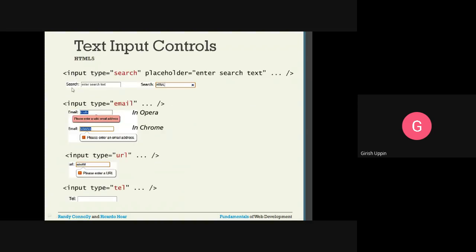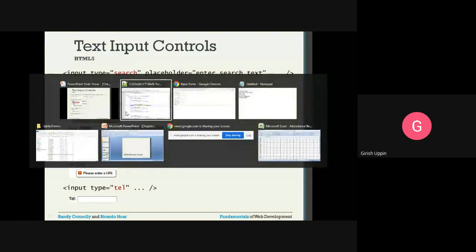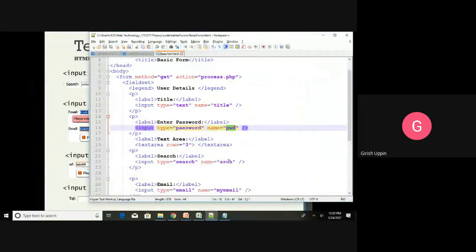Then we have search. Similarly, you can use the placeholder attribute to enter search text. Let me add this one so that I have search here, and I will add placeholder.